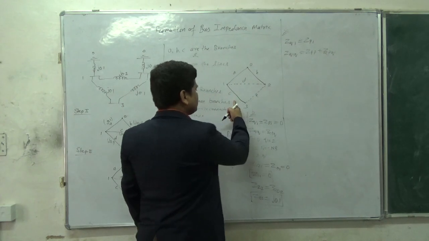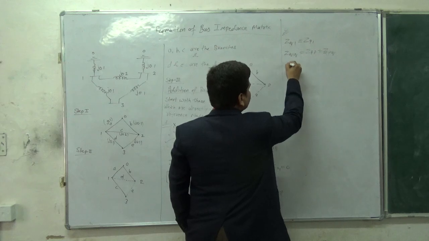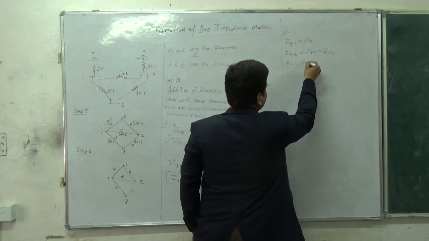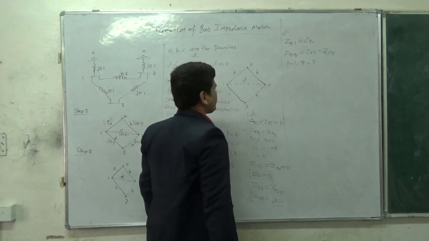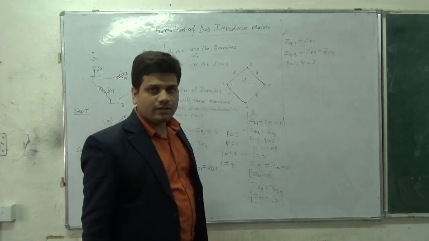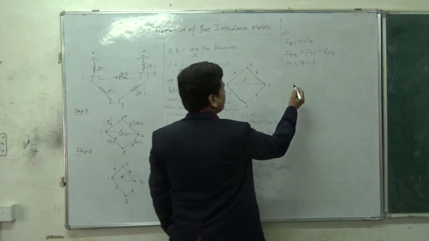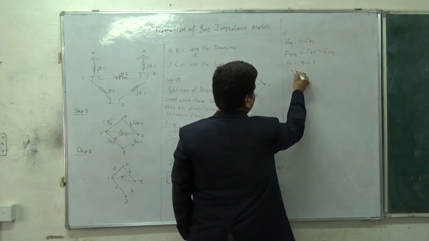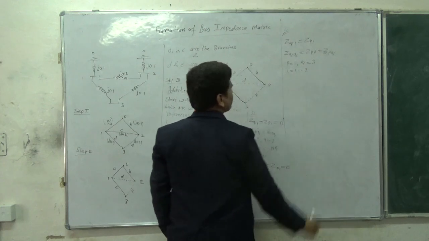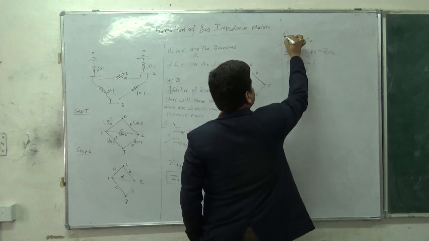Now for this case, P is 1, Q is 3, and I is from 1 to 3. So now I am using this one.